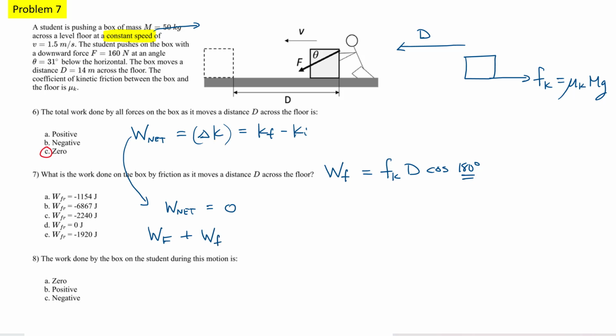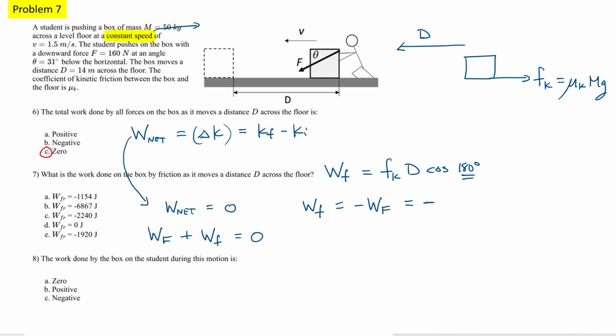There is gravity acting down and the normal acting up, but those forces don't do work in this problem. We have to sum both of these and get to 0. So the work done by friction has to be minus the work done by this pushing force. This is how you can calculate it, because we know the value of the pushing force.